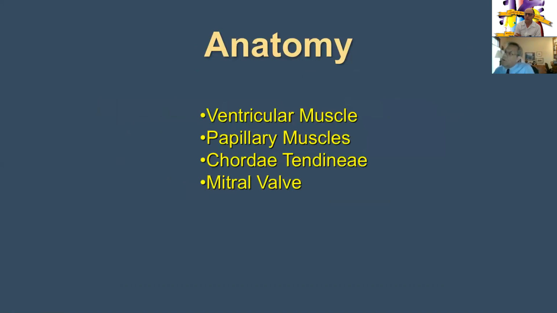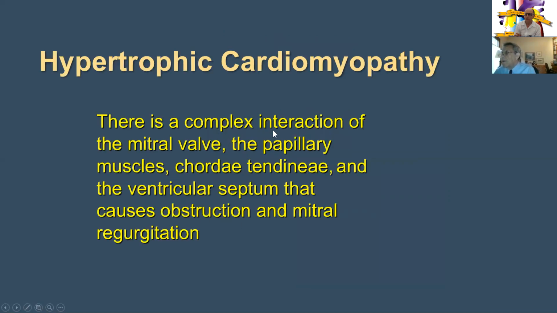What do we look for when we're looking at a patient that we suspect has some form of hypertrophic cardiomyopathy? We look at the ventricular muscle, the papillary muscles, the chordae tendineae, and the mitral valve. There's a complex interaction of the mitral valve, the papillary muscles, the chordae tendineae, and the ventricular septum that causes obstruction and mitral regurgitation.